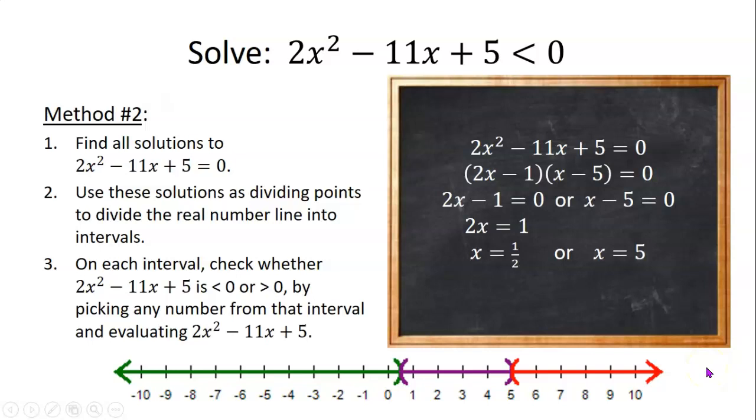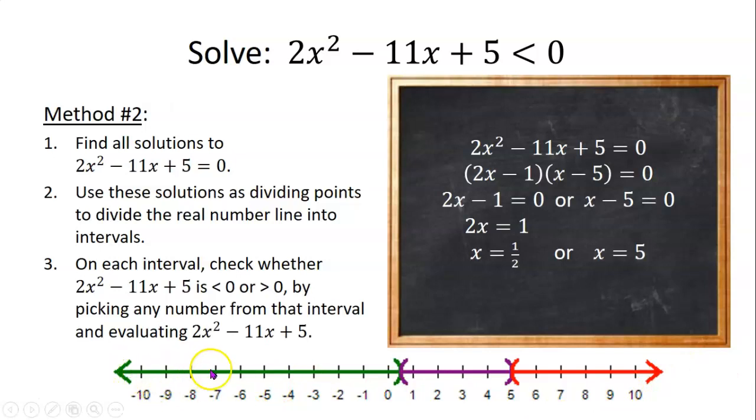And on each one of those pieces, as long as we stay within one of those pieces, there aren't any places where the whole thing, 2x squared minus 11x plus 5, is equal to 0. And it can't go from positive to negative or negative to positive without passing through 0.